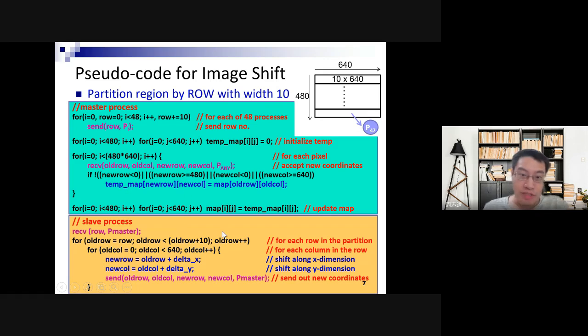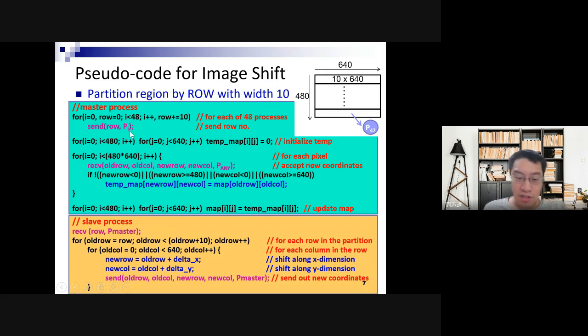That's basically how we do the partition over here. Of course, this is not the optimized code. It's just an example. So you can see over here, although he receives the task by 10 rows at a time, when he returns the results to the master, it returns them individually for those pixels.